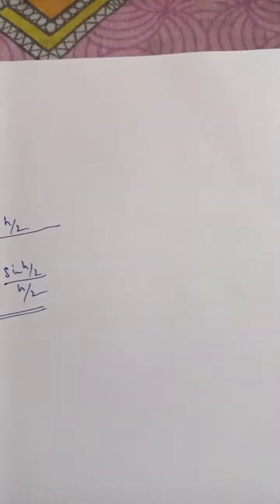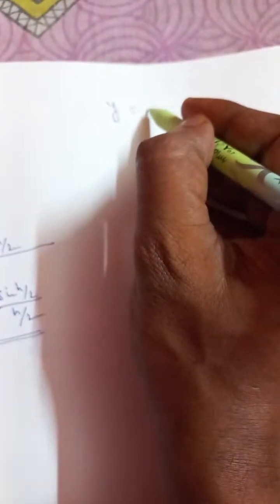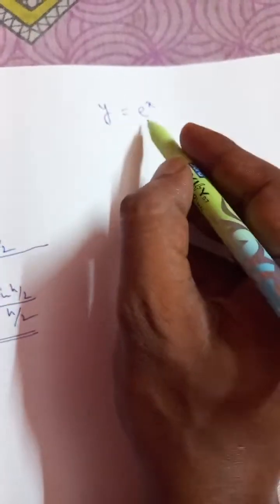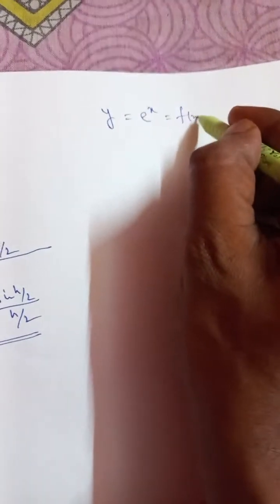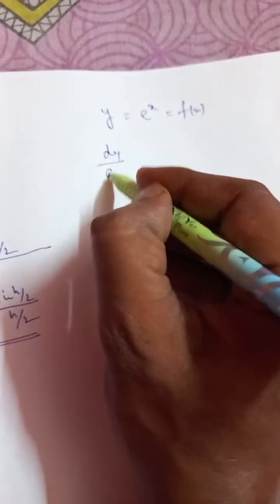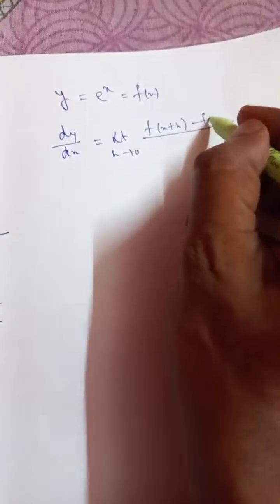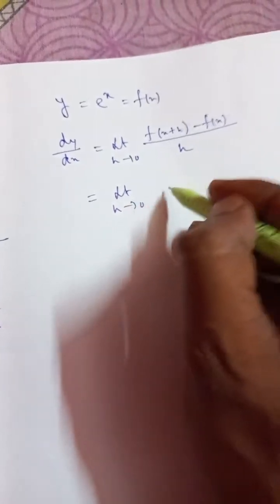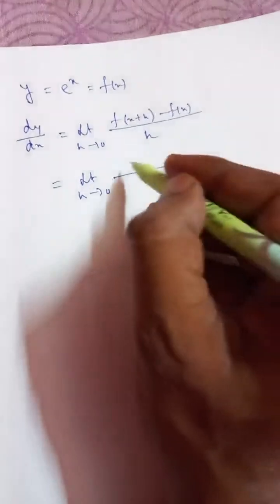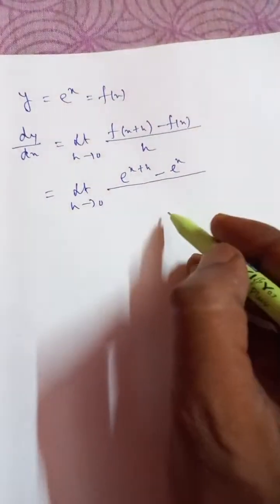We will take another example. If we take y equal to e to the power x, exponent of x, which is equal to f(x). So here dy by dx is equal to limit h tends to 0 of f(x plus h) minus f(x) by h, and f(x plus h) will be e to the power x plus h minus e to the power x by h.